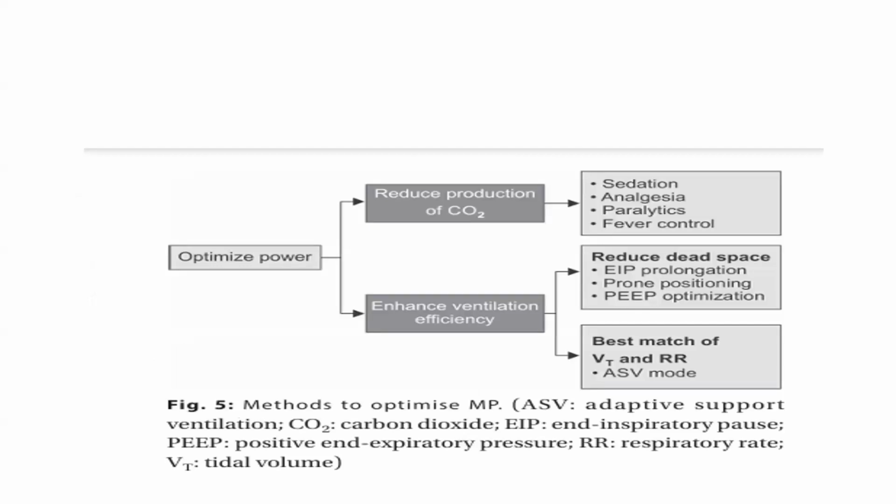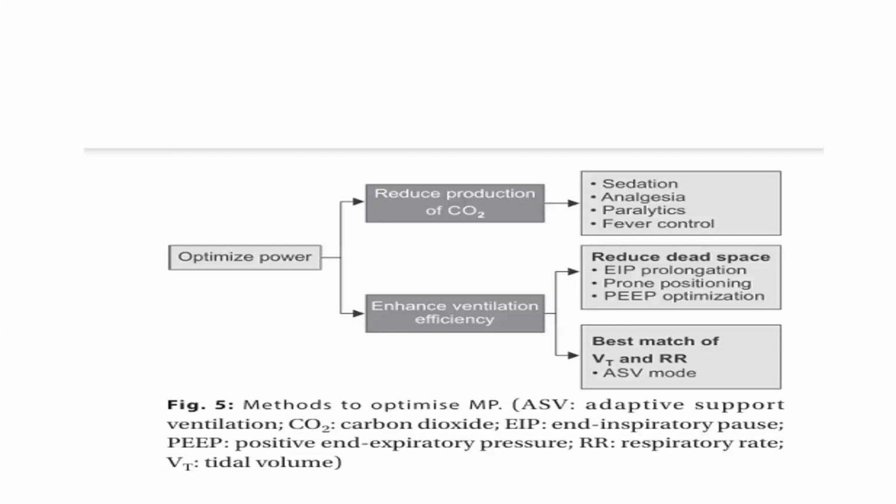So these are the ways of optimizing mechanical power: reduce production of CO2 by sedation, analgesia, paralysis and fever control. Then enhance ventilation efficiency by reduction of dead space, that is by end-inspiratory pause prolongation, prone position, and PEEP optimization.